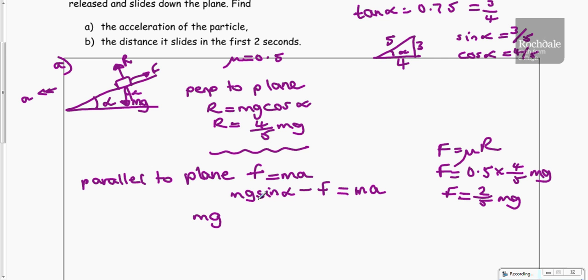Mg sine alpha is 3/5 mg. Subtract the friction, which is 2/5 mg, and that will be equal to ma. If I go through and cancel out the m's, we'll end up with 1/5 of g equals a, and that's the answer. So 1/5 of g, that works out to be 9.8 over 5, so that's 1.96.